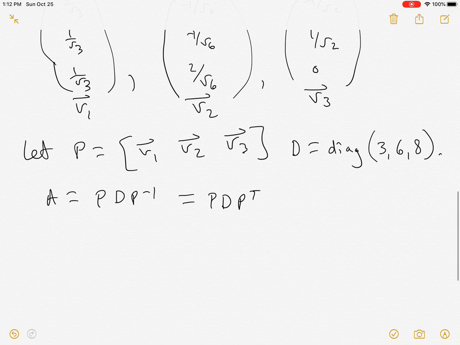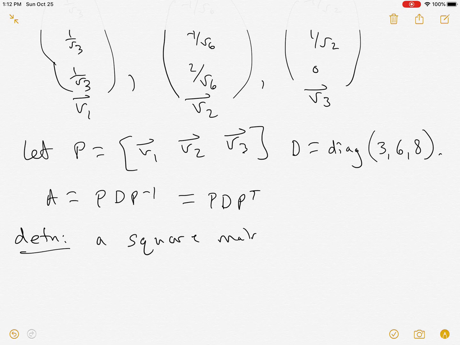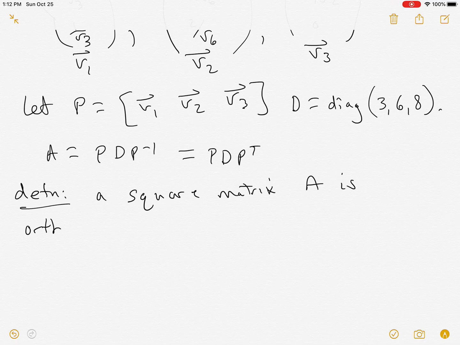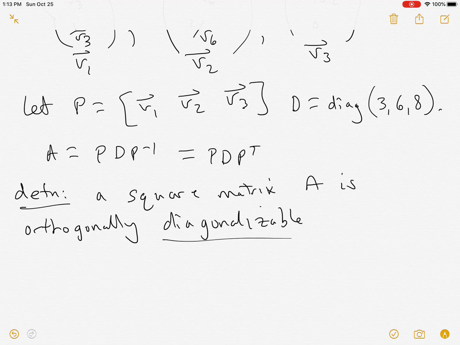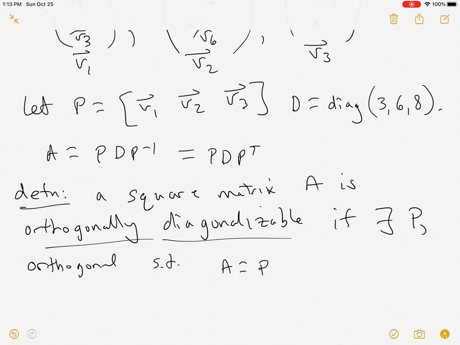And so this leads us to another definition. A square matrix A is, here comes a long one, orthogonally diagonalizable if there exists a P which is orthogonal and invertible such that A equals P D P transpose, which is P D P inverse.